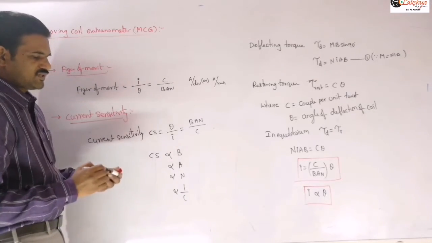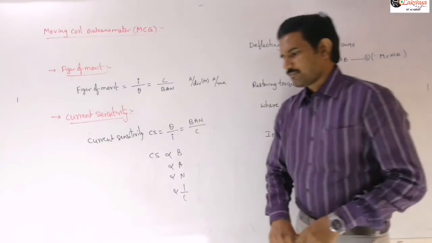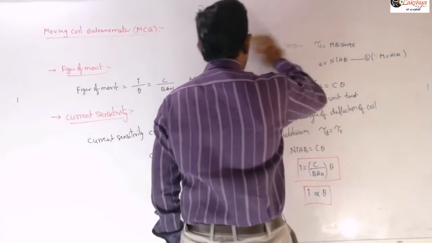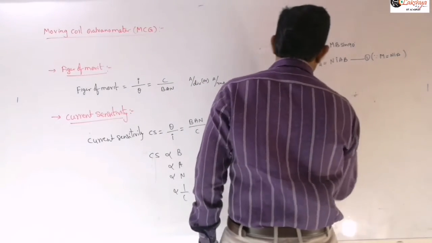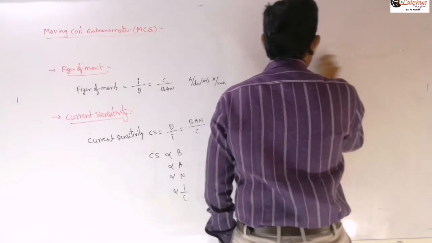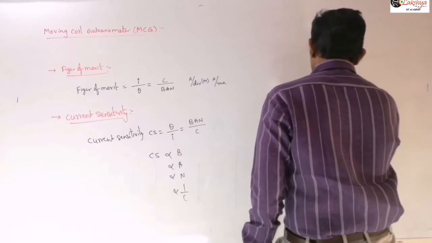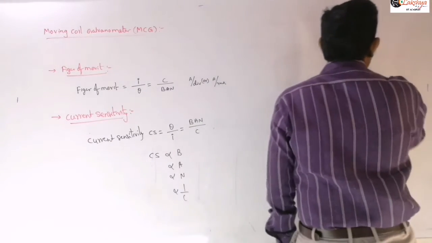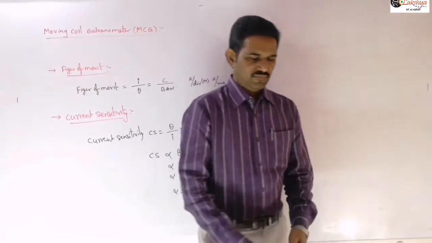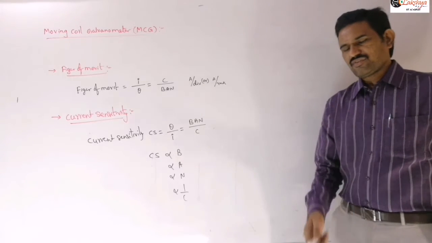So current sensitivity can be increased by increasing the magnetic field, by increasing the area of the coil, by increasing the number of turns, or by decreasing the couple per unit twist of the wire.